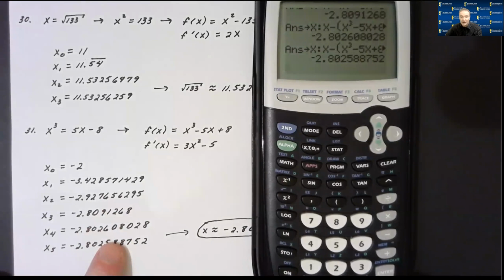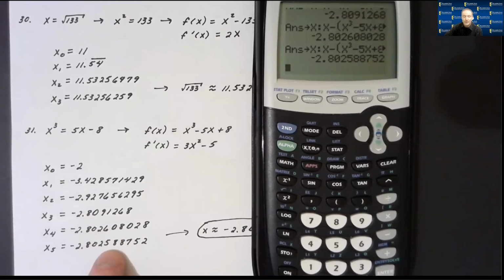And by the time I got to my fifth refined guess, I was fine. And the reason I'm fine here is because please notice this would be -2.8026. Even though it's 2.5, that 8 would round that 5 up to a 6. So you say, well, the 4 decimal places, this and this are the exact same answer.